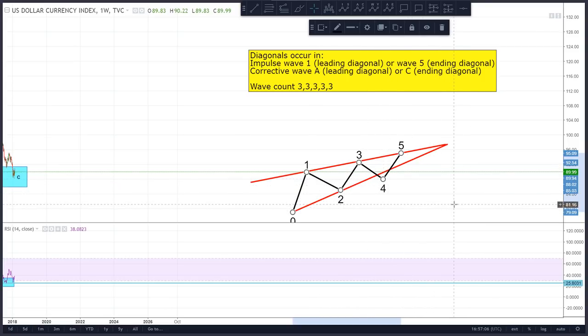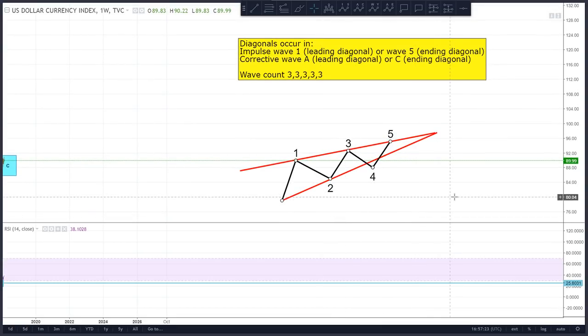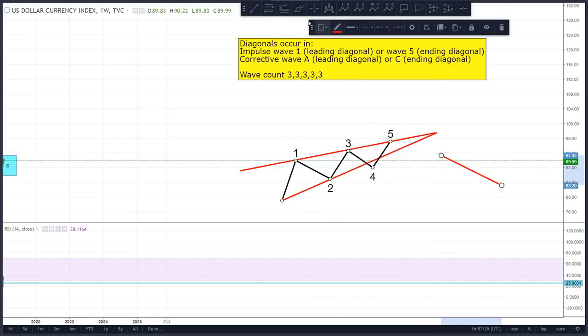It is very important because triangles typically occur in waves 2 and 4. These are your corrective waves. And it's very important to know which wave you're in, so it's important to differentiate triangles and wedges. A wedge is a diagonal. So let me just show you what a triangle is.